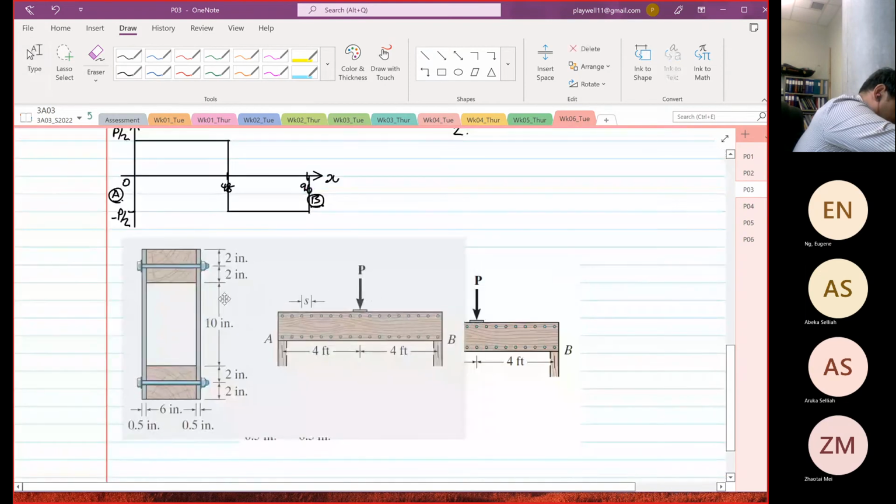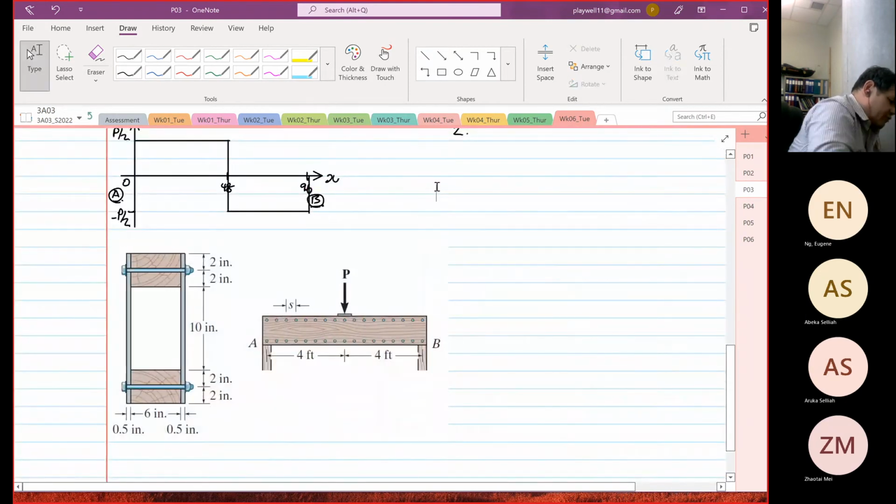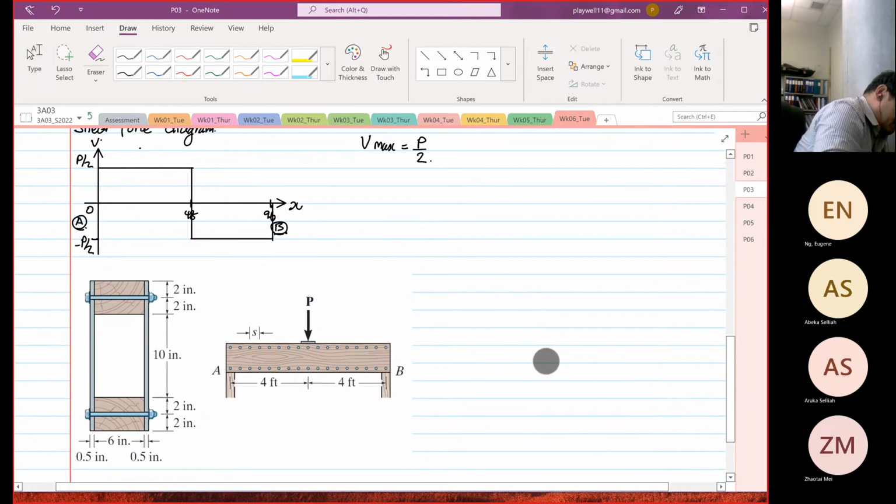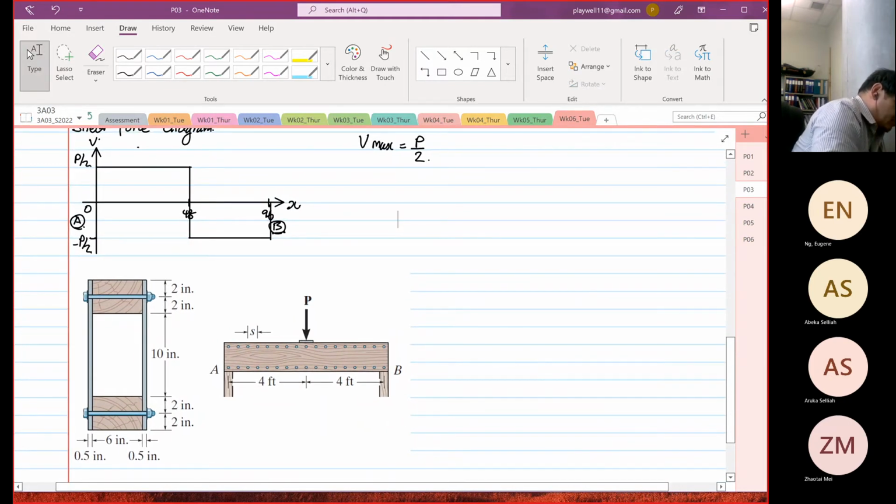So from here we know our V. So the next thing is we need to find out our Q. Q for the fastener, or Q. So sorry, not Q. So what Q to consider? First moment of area.